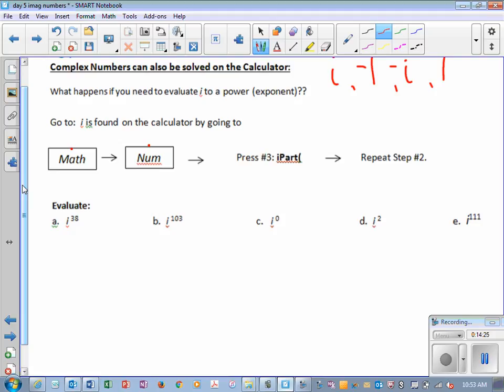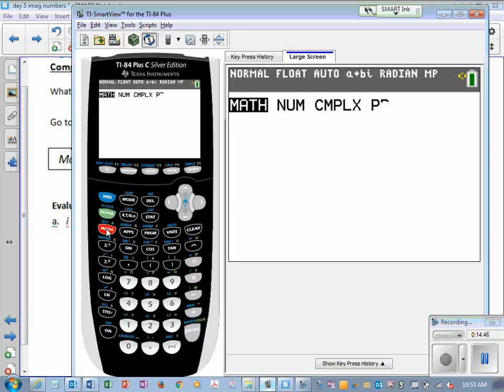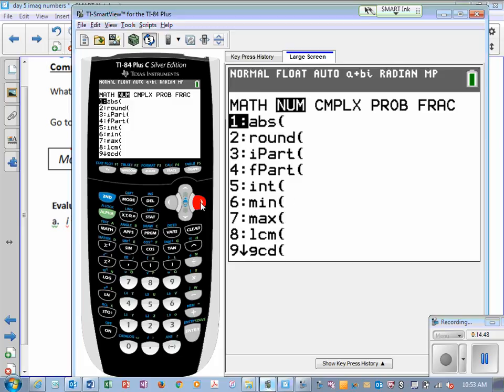That's the i part. Cross that other stuff out, sorry. So I'm going to go to Math, Number, and the third one, which is i part.